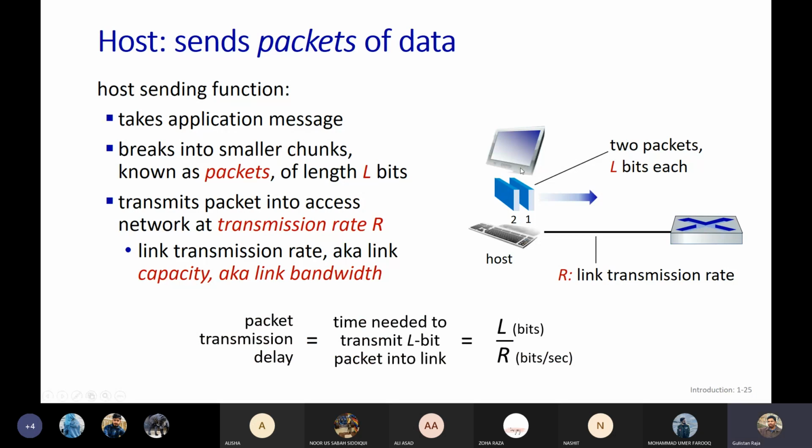Naturally, the packet has hundreds or maybe thousands of bits, so they cannot be transmitted simultaneously. They are transmitted bit by bit, serially. When they are transmitted serially, it will take time to transmit the packet.